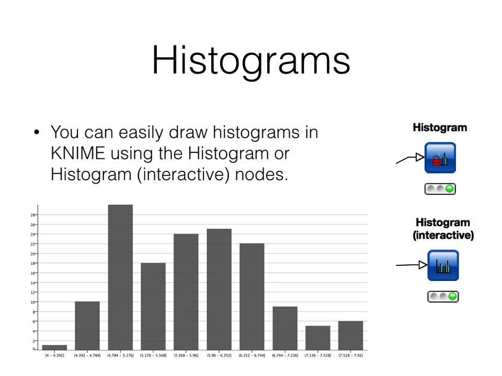We can draw histograms quite easily in KNIME using two different nodes. We can either use the histogram node, or the interactive histogram node. You can see a histogram here for one of the attributes of the iris dataset, and it's binned each of the values.